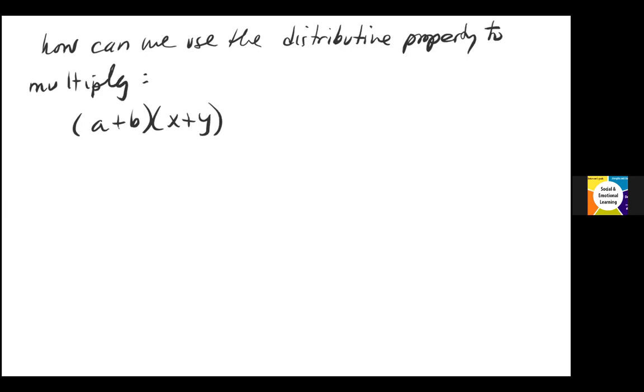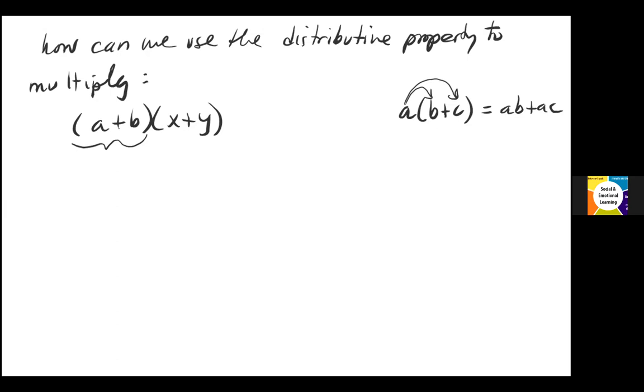Has anybody ever multiplied something like this before? Where we have two terms, two variables added together in each bracket. These are called binomials, actually. We know the distributive property says that A times B plus C is equal to AB plus AC, because we get this distribution happening. But how does this work if we have a whole bracket here that we're distributing?